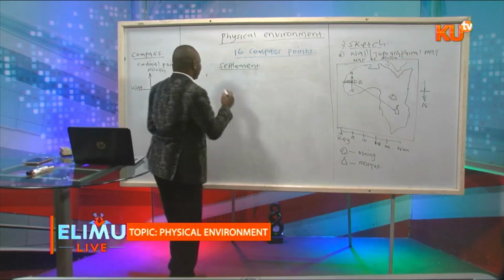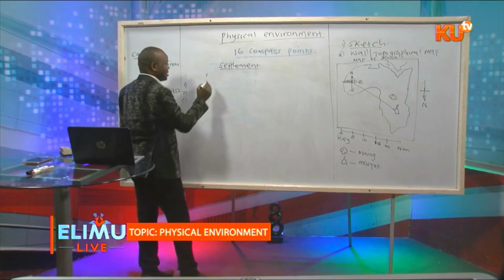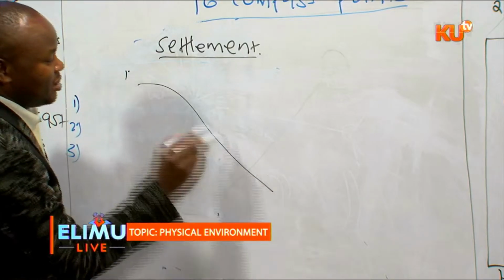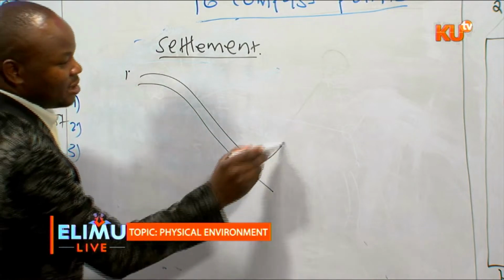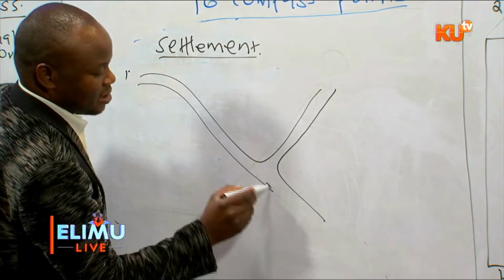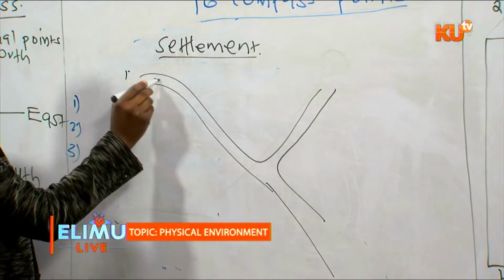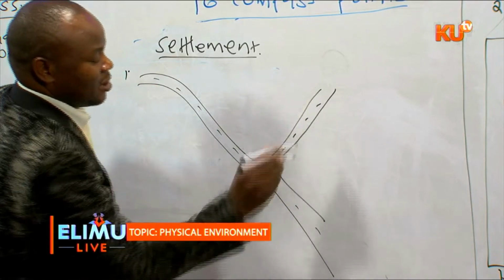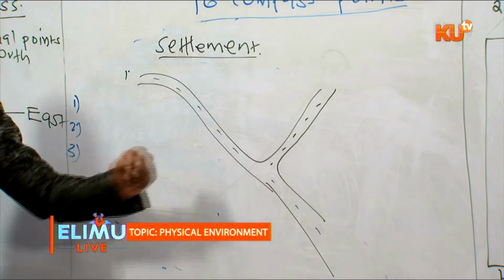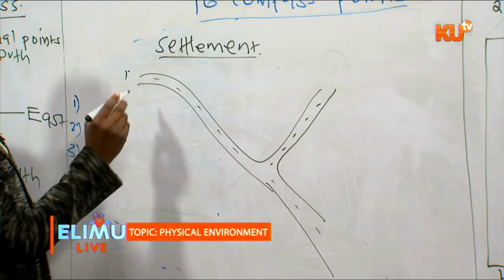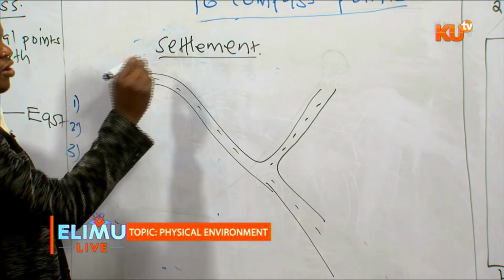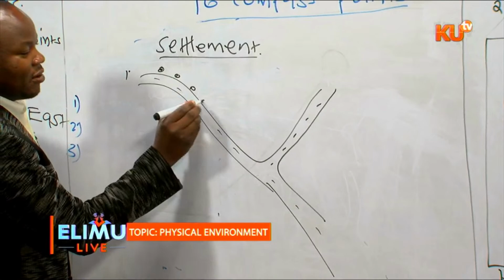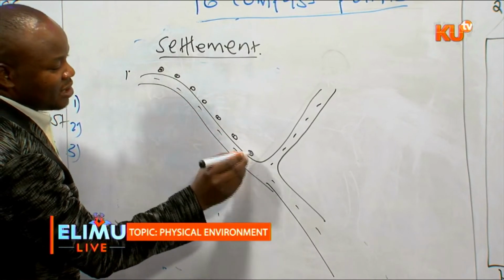We can have the road, which has been constructed by human beings, and that road, maybe it is not in a straight line, but that is the road, and the road goes on that manner. It can either be murram or tarmac road. So this road, of course, we are going to have people living across it or around it.